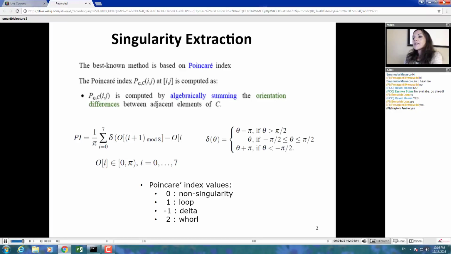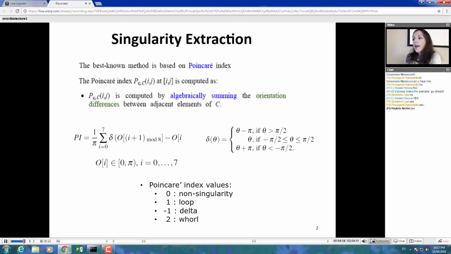For each difference, we need to consider this normalization of the angle. If the angle given by the difference is greater than 90 degrees, as explained in the rule, then we subtract 180 from the obtained difference.